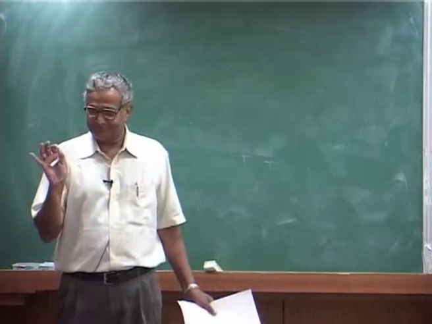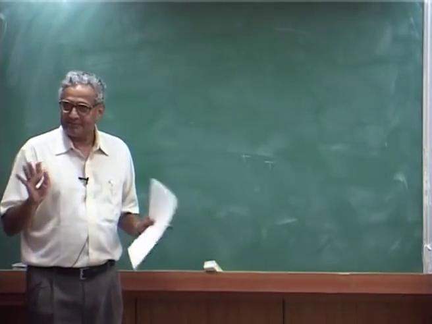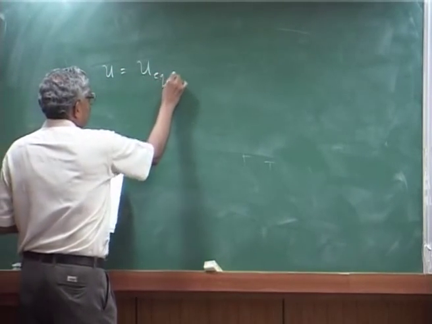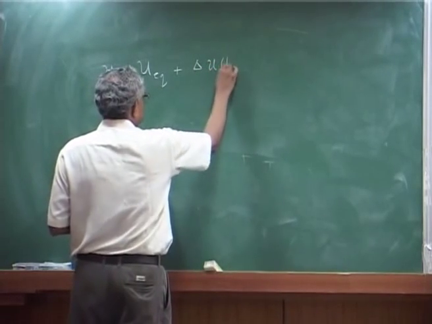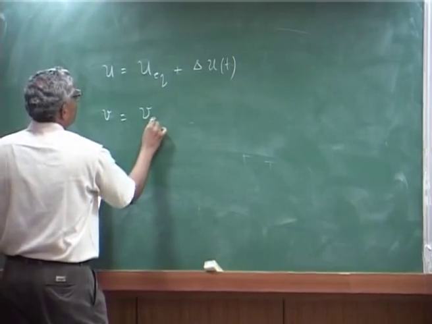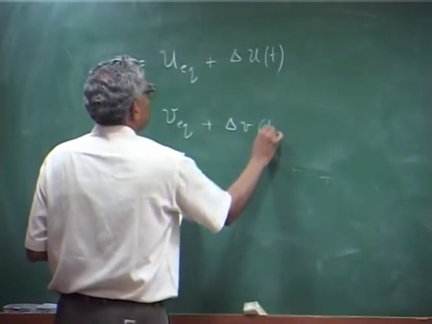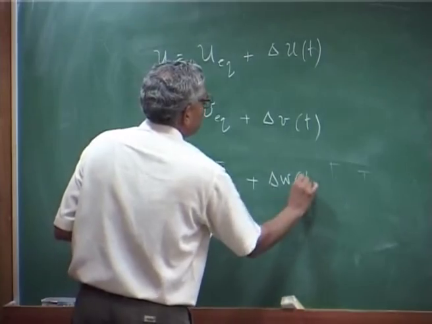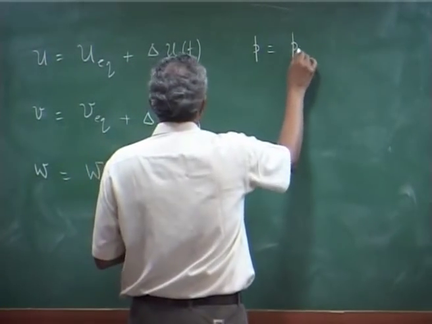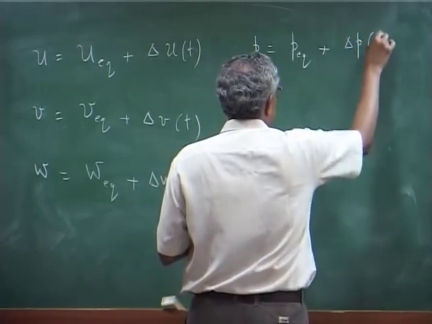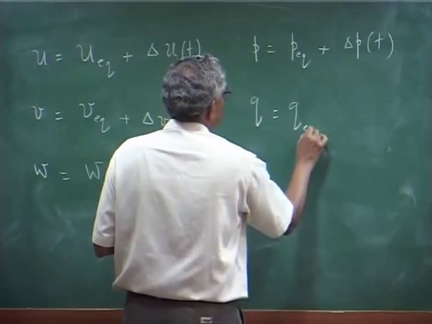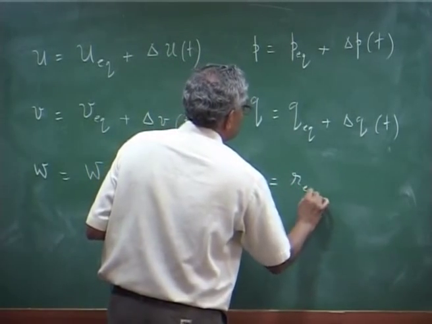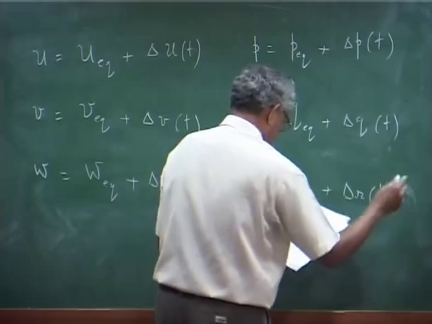My u, v, w are fixed, p, q, r are also fixed, which then I will write as u equals u equilibrium plus delta u, v equals v equilibrium plus delta v, w equals w equilibrium plus delta w, and p equilibrium plus delta p, q, and r equilibrium plus delta r, which are functions of time t.